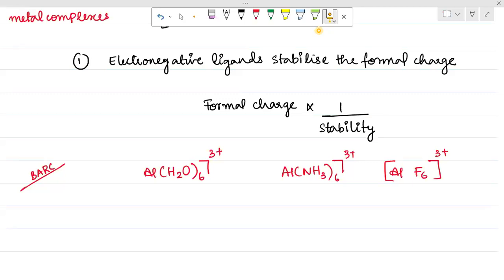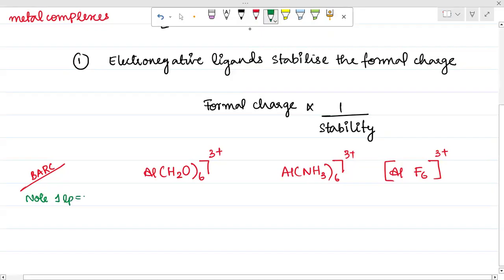So first of all, we have to find the formal charge. How to find the formal charge? So to find the formal charge, each ligand gives one pair of electrons and one pair of electrons would be given a charge of -1. Okay? Note, one lone pair is equal to -1 charge.